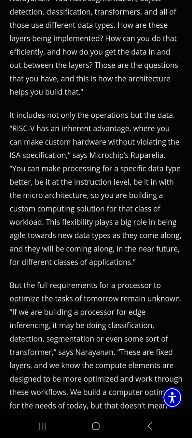So you are building a custom computing solution for that class of workload. This flexibility plays a big role in being agile toward the new data types that are coming along and will be coming along in the near future for different classes of applications.